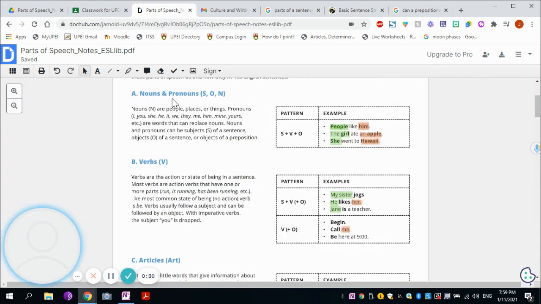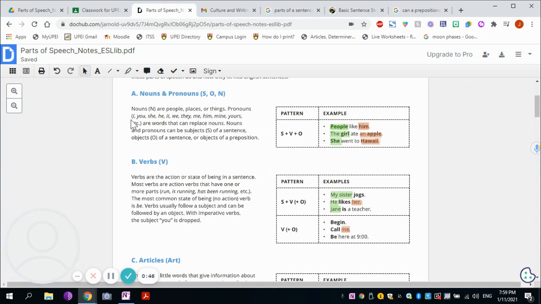A. Nouns and pronouns. They can be subjects, objects, and just nouns. Nouns, N, are people, places, or things.